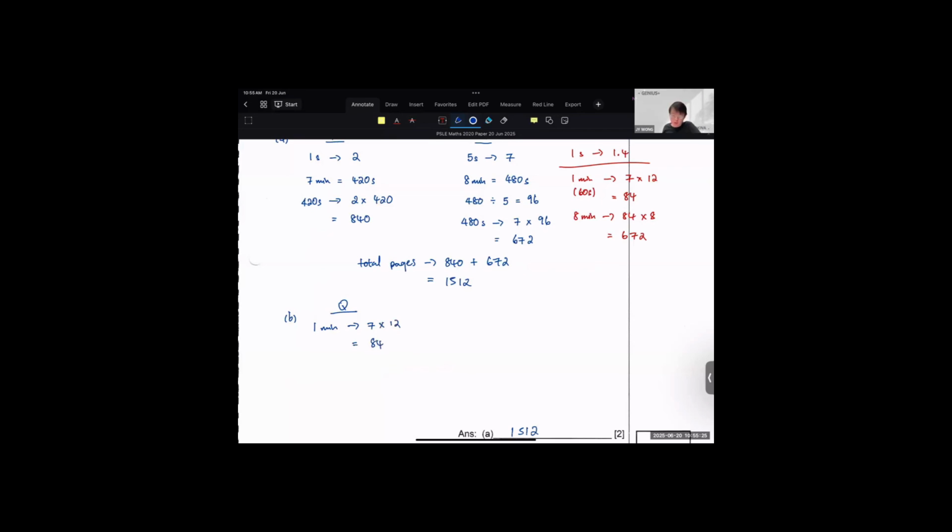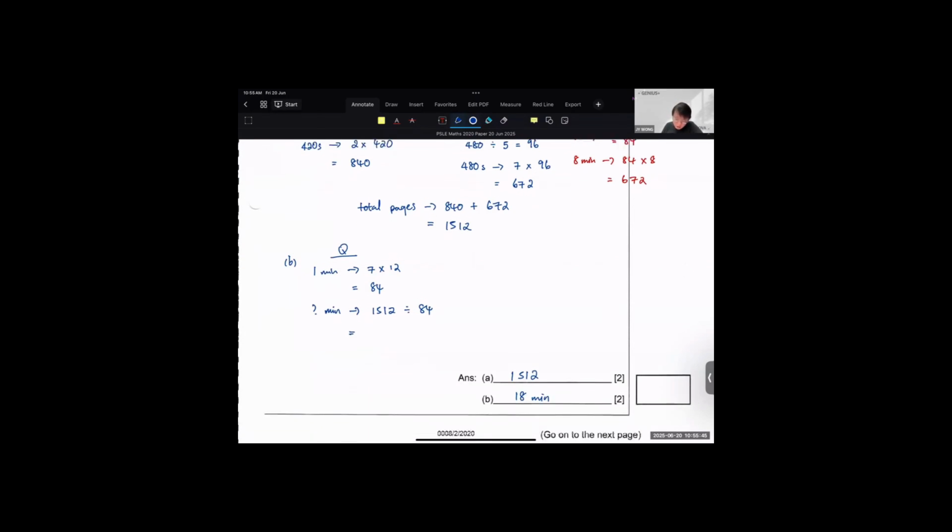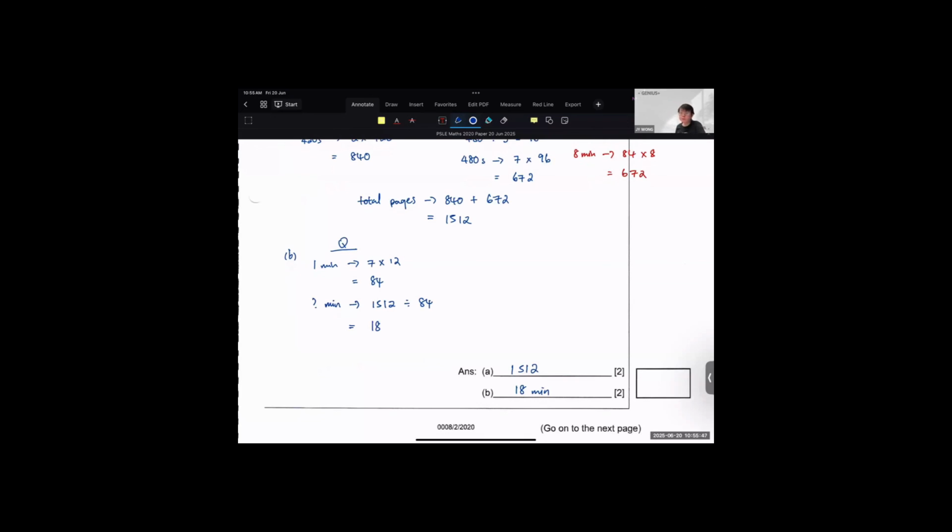If you found this method previously, then you don't need to do this extra step. And therefore, your number of minutes is just 1512 divided by 84. And that will give you 18. Okay.